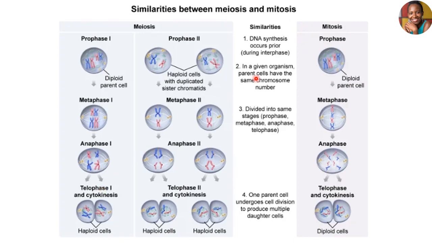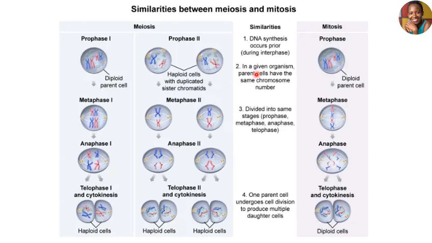So let's read through the similarities here. In the similarities, we are told the DNA synthesis occurs prior to cell division, and this DNA synthesis occurs during the interphase. That's one of the main similarities in these two cell divisions. The DNA synthesis, that is DNA replication, has to occur before we go through the cell division process.